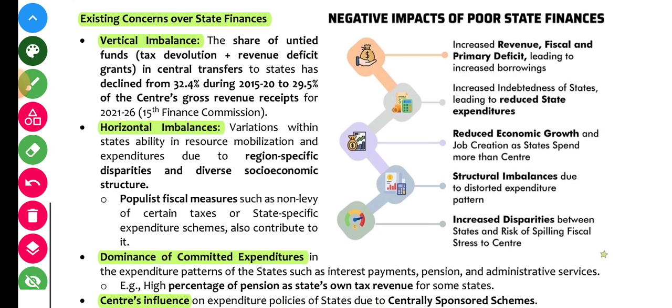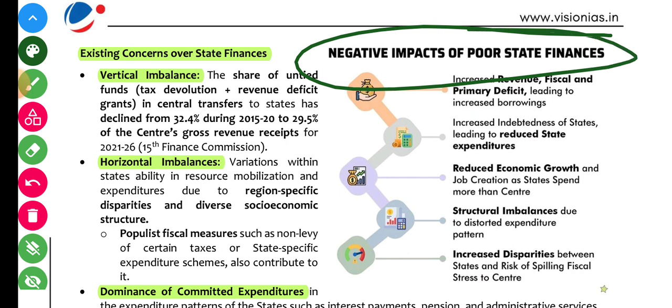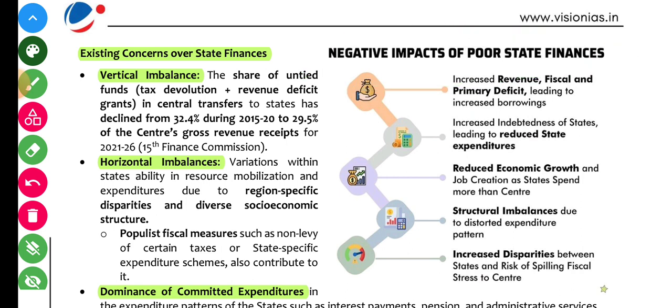Okay. And what is the negative impact of poor state finances? There is increased revenue, fiscal and primary deficit. So these are three deficits you can remember and write in your answer. Reduced state expenditure for the growth of industries and other areas.